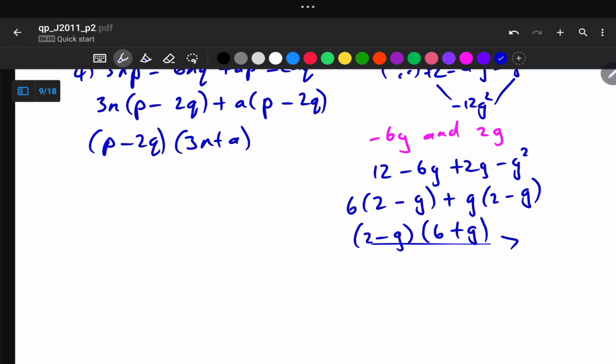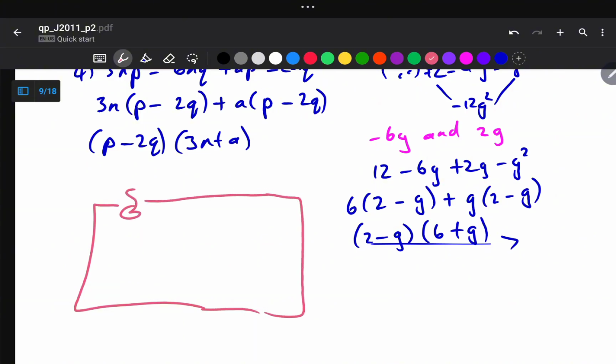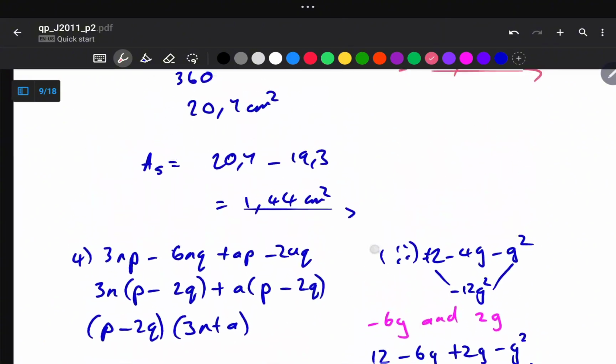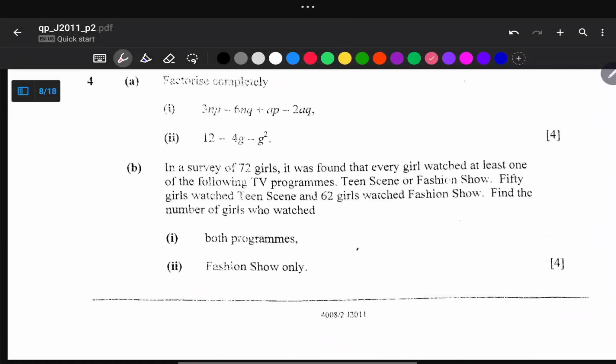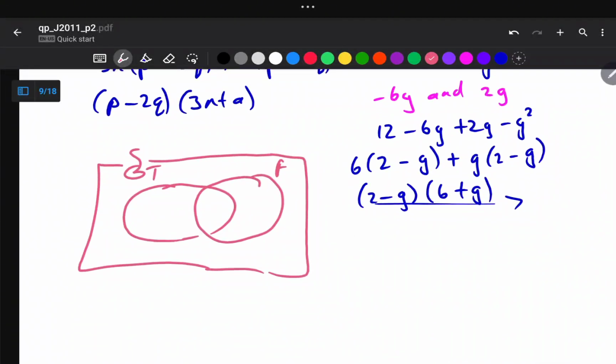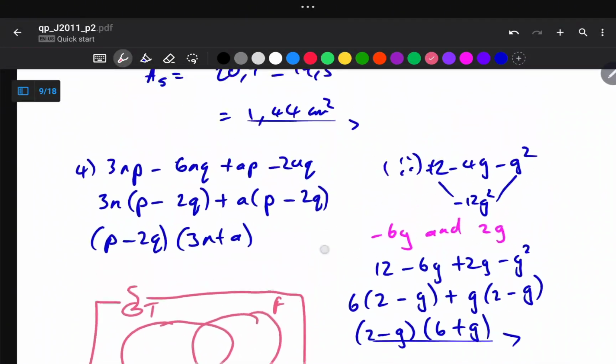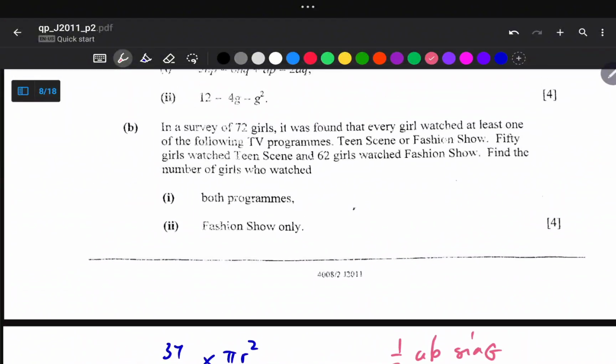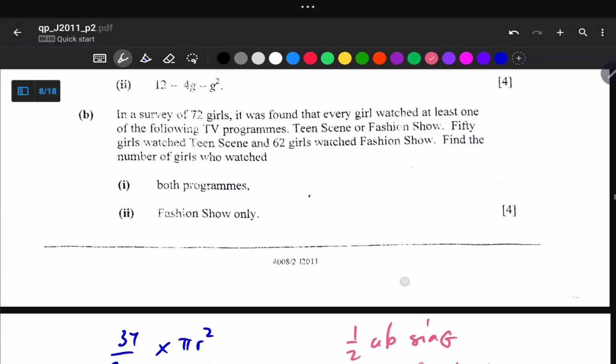So here is our Venn diagram, and this T is for teen scene, and this F is for fashion show. So 50 girls watched the teen scene and 62 girls watched the fashion show.